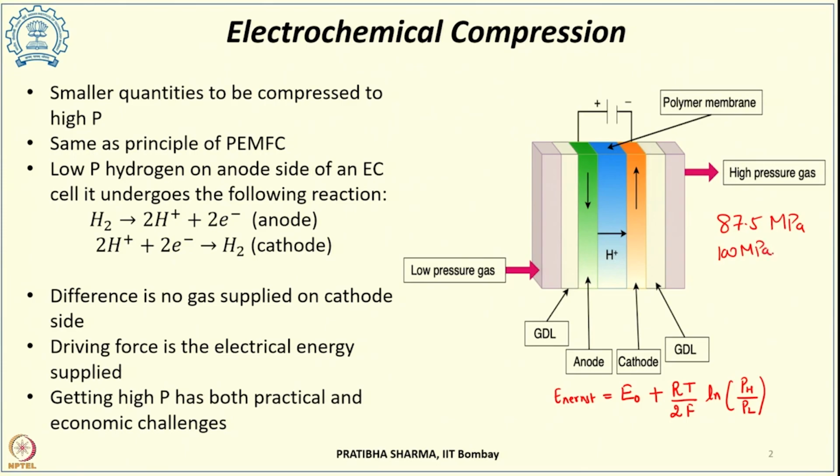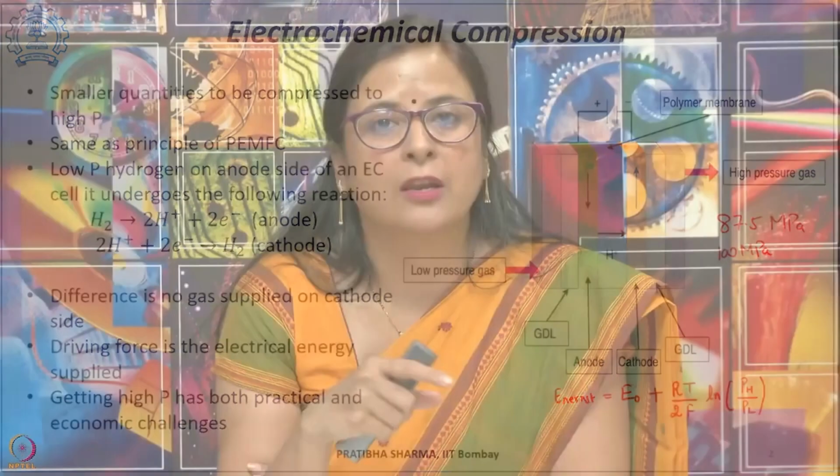Now if, for example, we are operating at a lower pressure and a lower flow rate with a lower voltage, then efficiencies are very high. Efficiency could be as high as 90%. If it is operating under isothermal conditions, which is usually the case for electrochemical compressors operated at a lower pressure, say 1 MPa, we can achieve efficiencies as high as 95%.